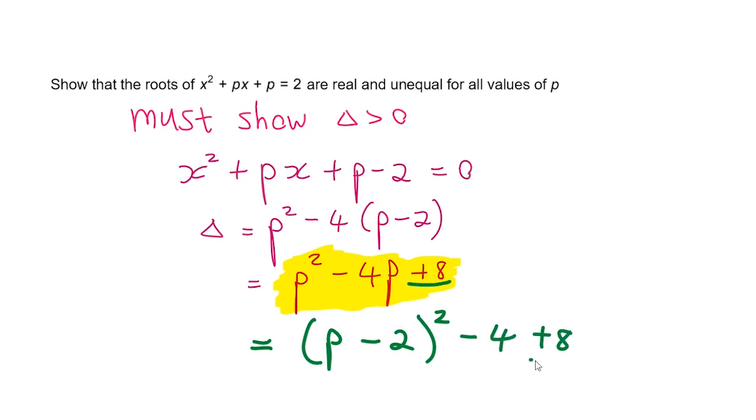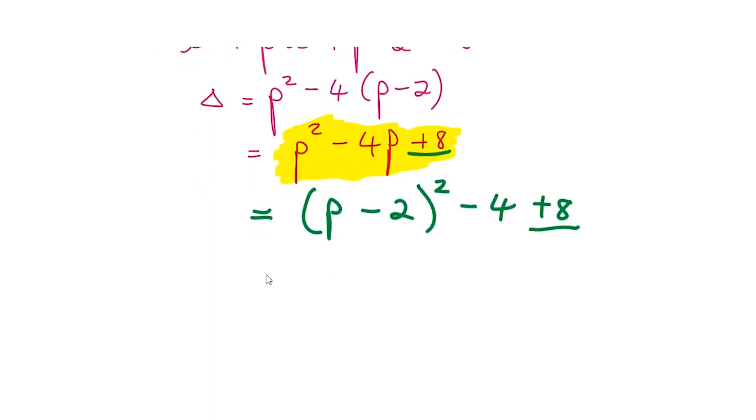Remember that plus 8 has just been copied down. This line is equal to the line above it, which is why there's an equal sign. This can actually be written as p minus 2 all squared plus 4. But remember that when you square something, it can't be less than 0. In fact, it's got to be greater than or equal to 0. And then we're adding 4.